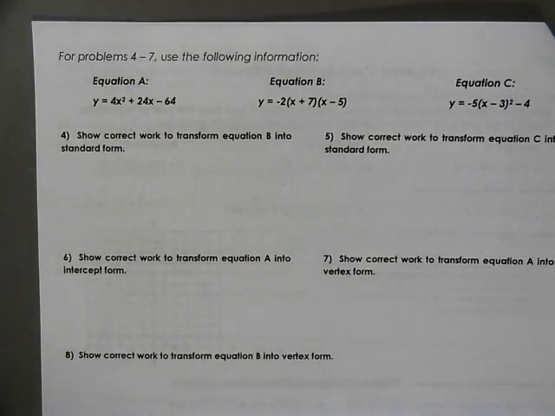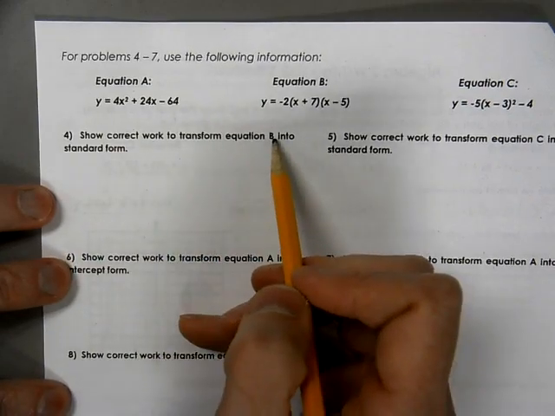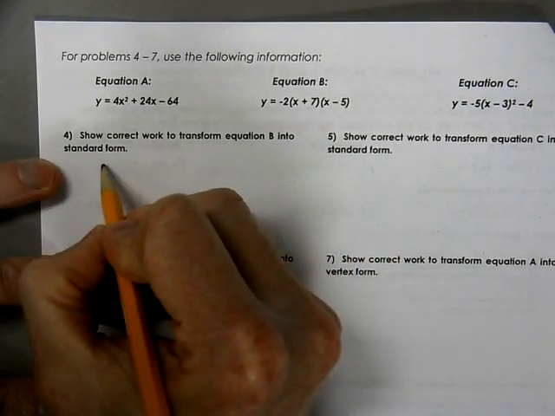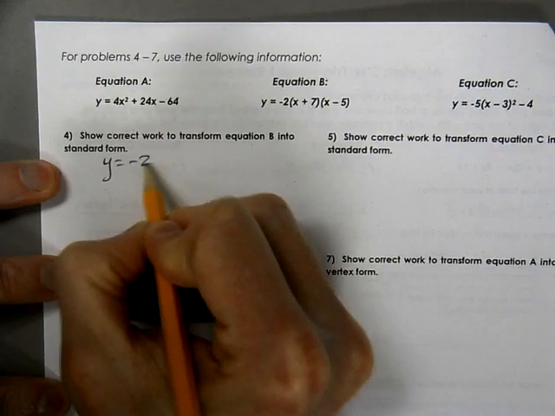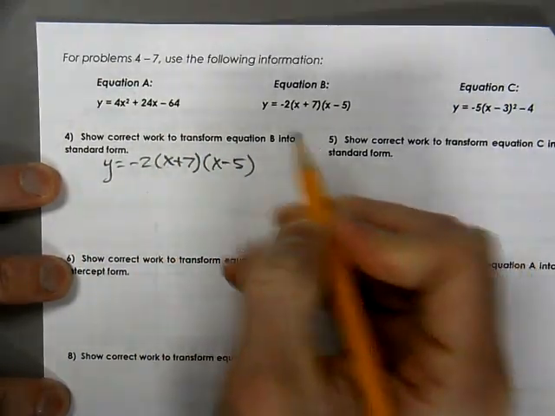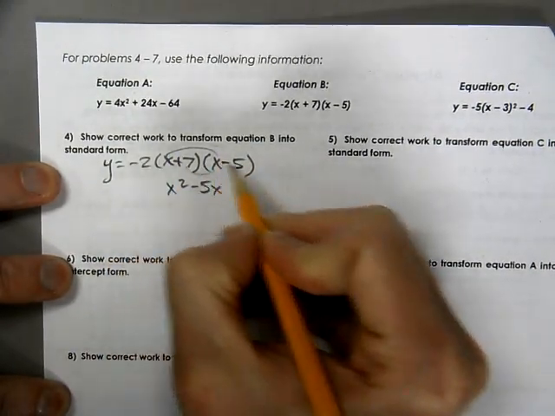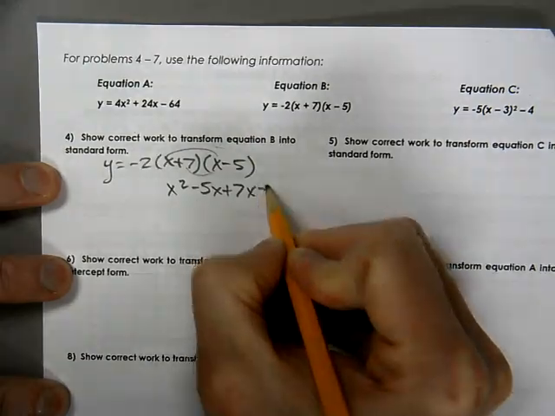On the reverse side, we're looking for the work to transform the B equation into standard form. So what that means, we have to FOIL this. So we do the front, the outer, the inner, and last.